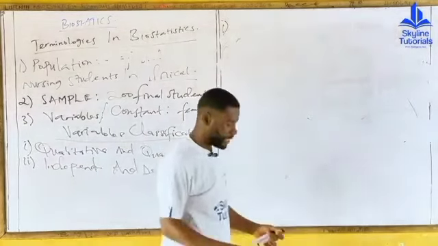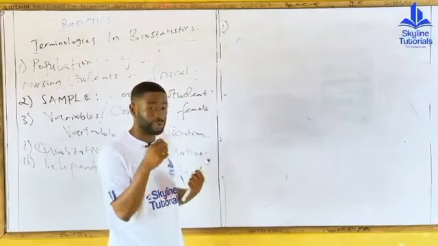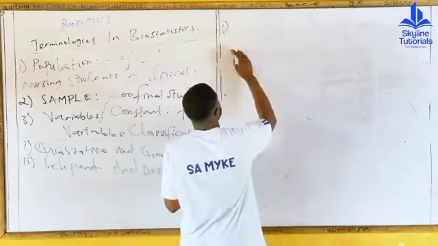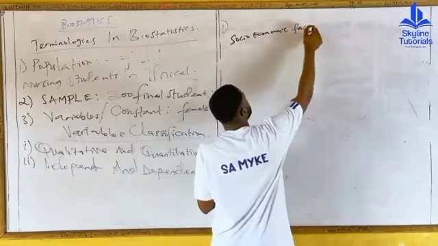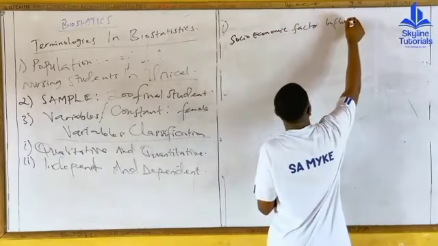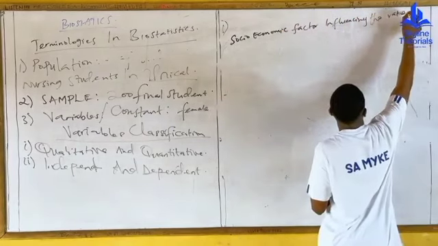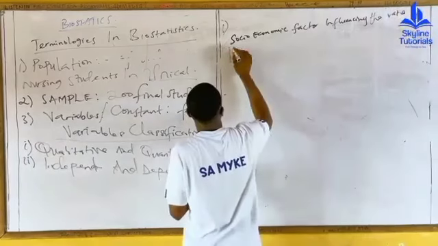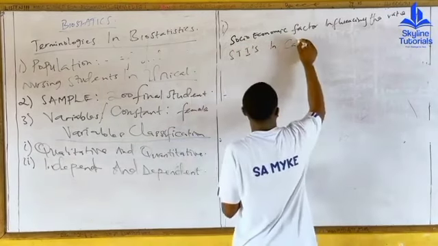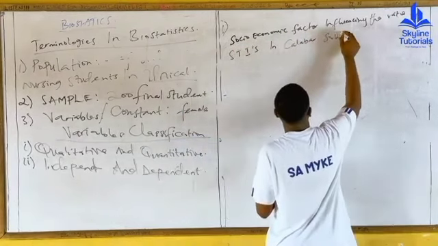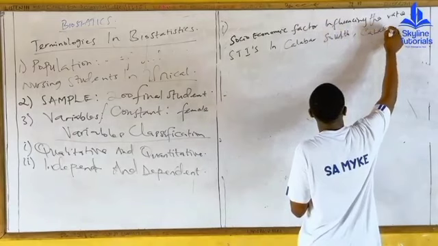So we'll still use a research. In a research, let's give an example of a topic: socio-economic factors influencing the rates of STIs in Calabar South, Calabar.